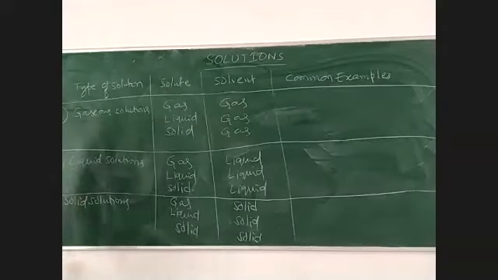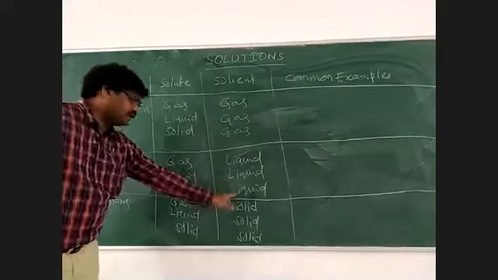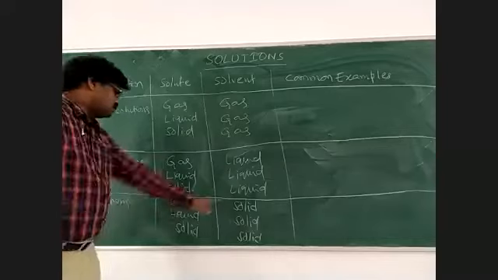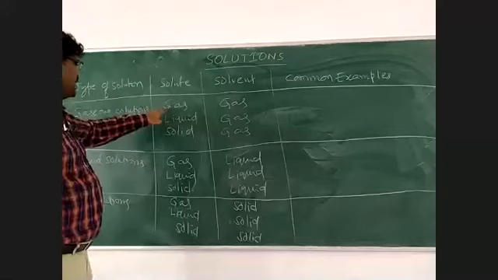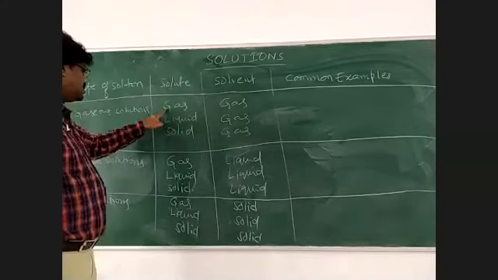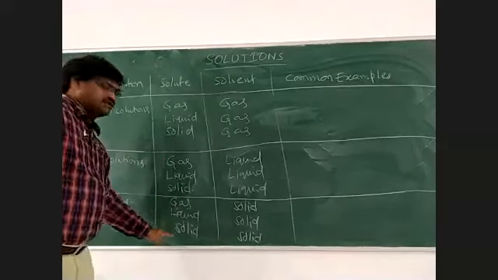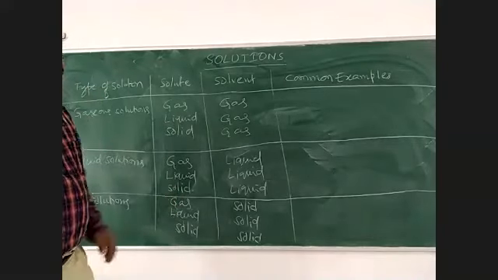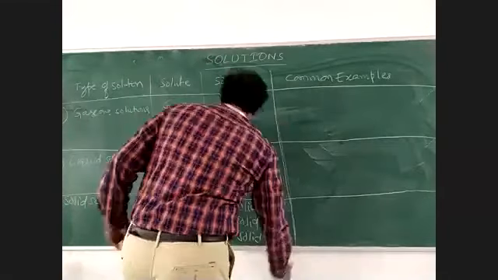In gaseous solutions, solvent is gas. In liquid solution, solvent is liquid. In solid solution, solvent is solid. The other 3 physical states, solute as gas, liquid, solid, in each. Therefore, we discuss one by one with examples.